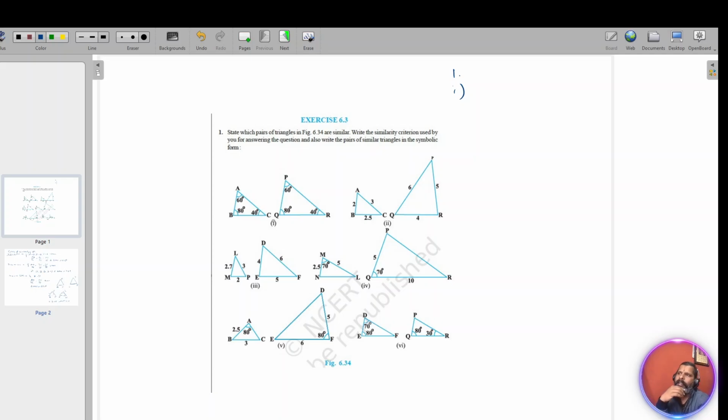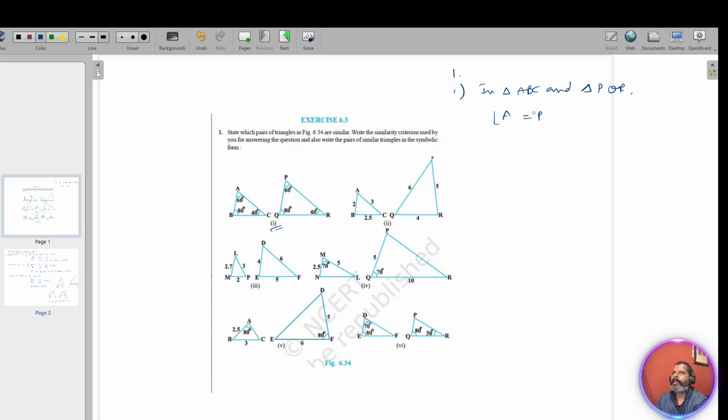By looking at the figure, in the first sub question, 60 degrees is there, 60 degrees there, 80 is there, 80 is there, 40 is there, 40 is there. Therefore, by AAA criteria, they become similar. Okay. Let's see. We can say in triangle ABC and triangle PQR, what we have equal?